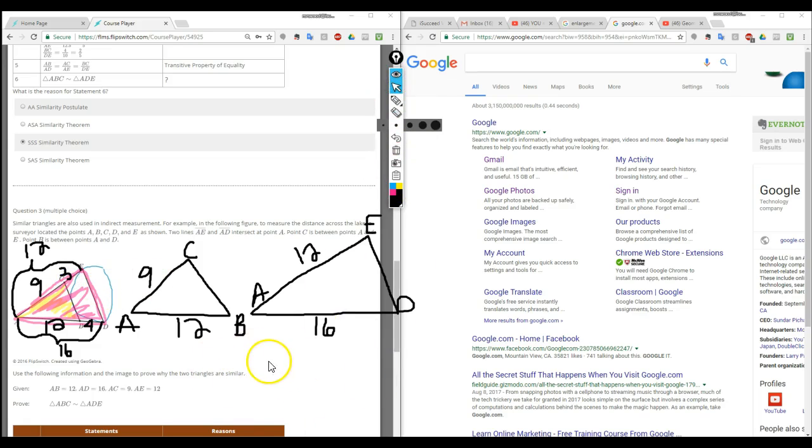That's just information that we know. And also notice that these two triangles overlap on vertex A. They both contain the same angle, vertex A. So this angle and this angle are the same.